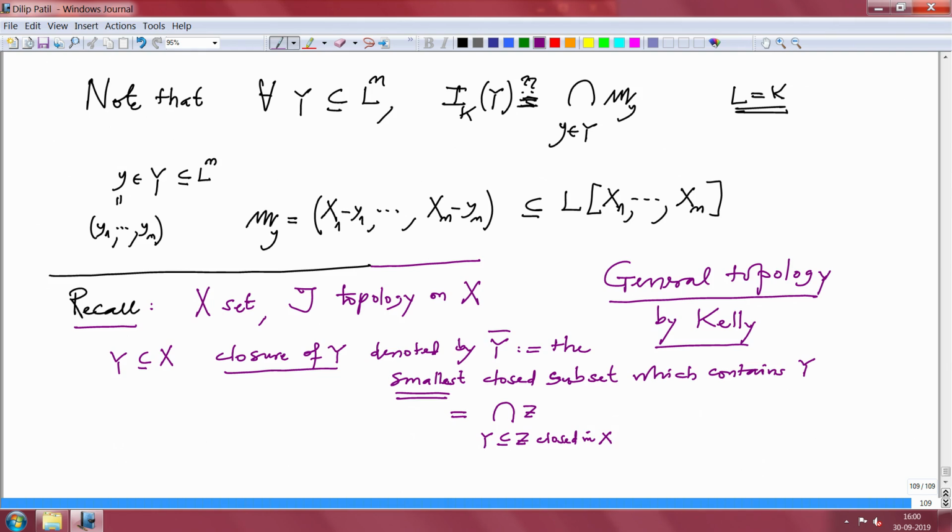Similarly, what is an interior point, or what is a neighborhood of a point?